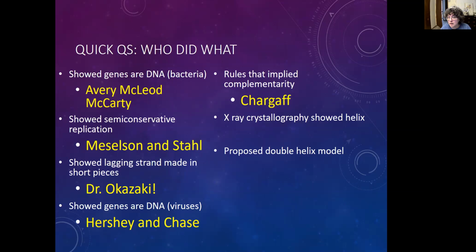So Erwin Chargaff is the guy who came up with those. Those are the rules that the proportion of purines is always 50% of your total base content. The proportion of pyrimidines is 50% of the total base content. And the proportions of A's and T's are always equal. The proportion of G's and C's are always equal to each other.